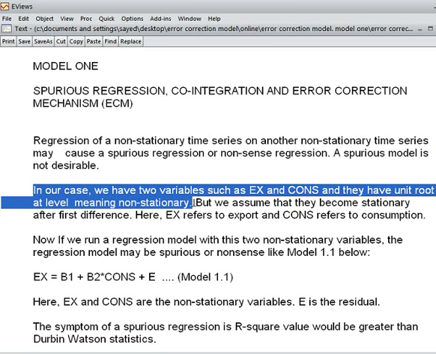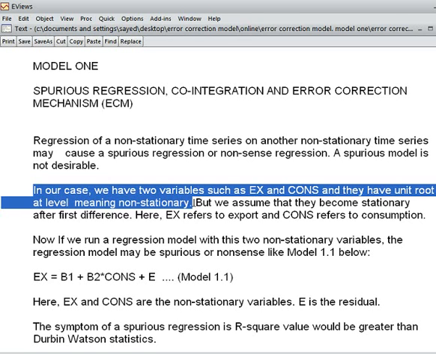So what is happening here? We have two variables, ex and cons, but we assume that they have unit root at level, or these two variables are non-stationary.